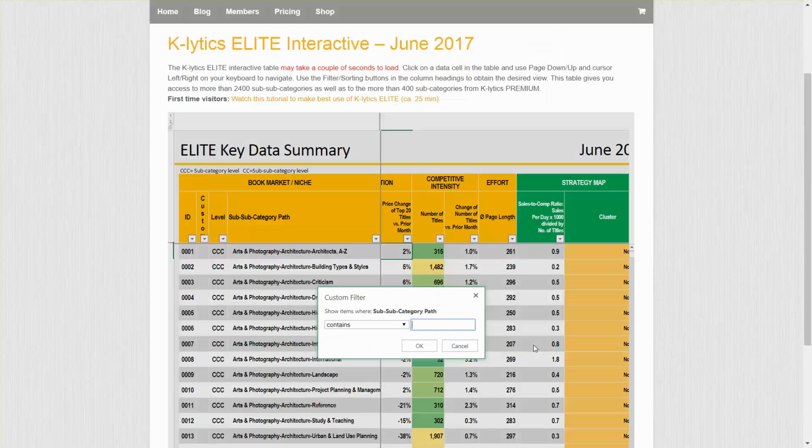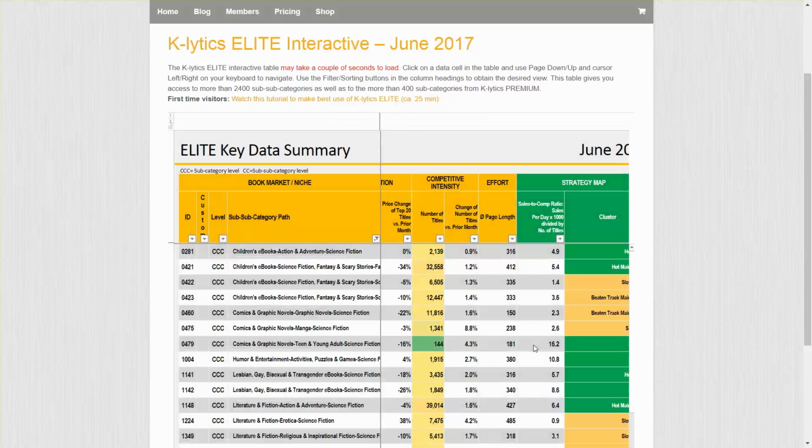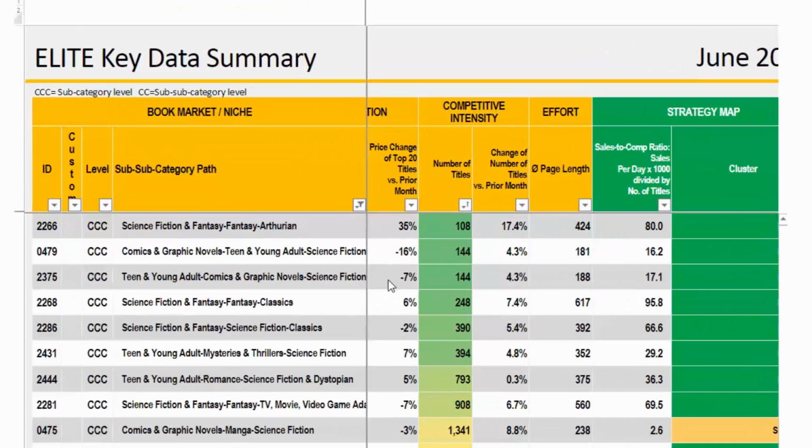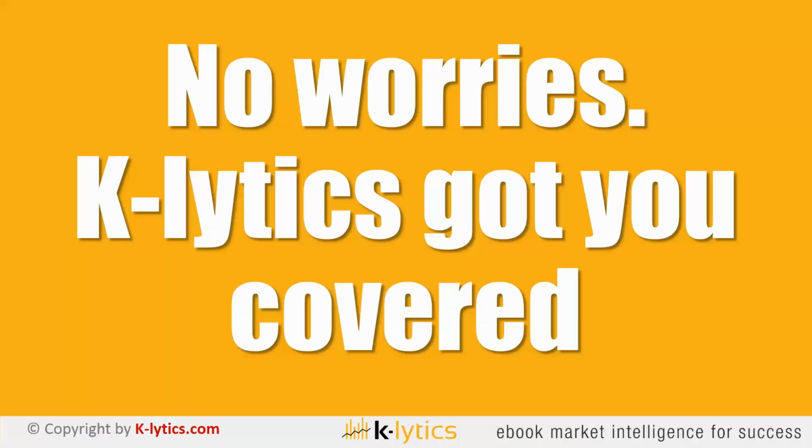So if you wanted to find out the, say, smallest categories in science fiction, you can continue to filter for science fiction categories and then simply filter in ascending order for the smallest categories in sci-fi. So every month we go through this process for you. As said, watch out for an additional blog post video where I take you through the process of how you can still get to that information manually.